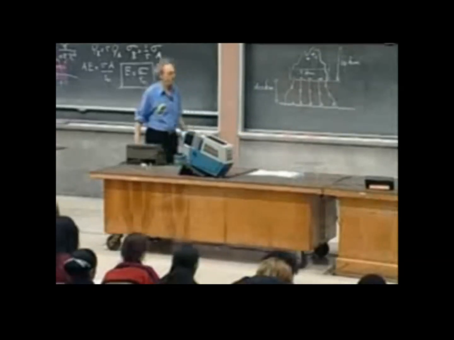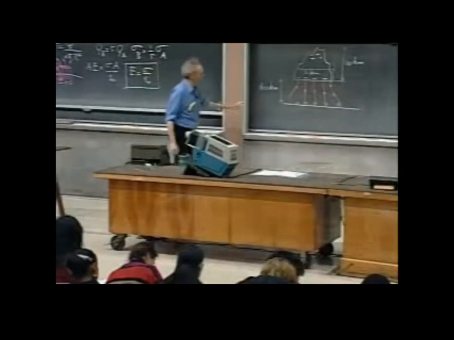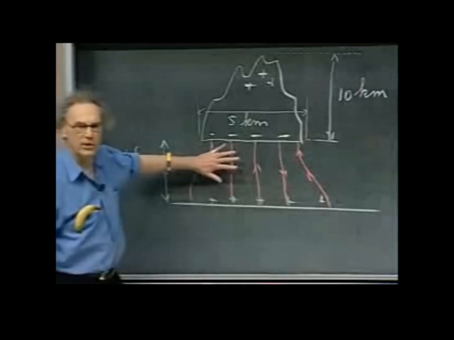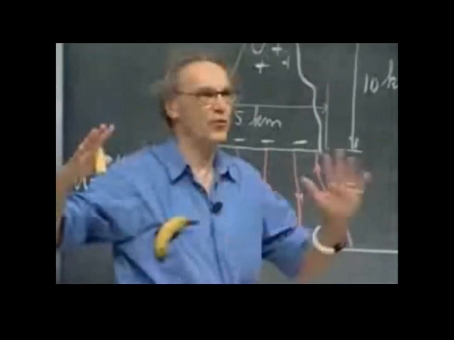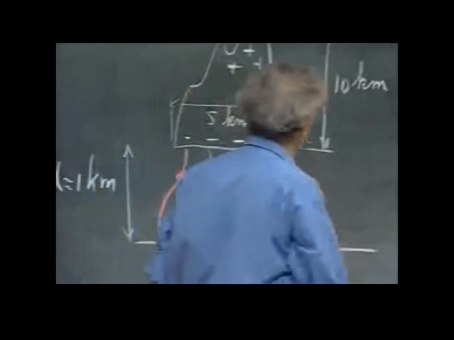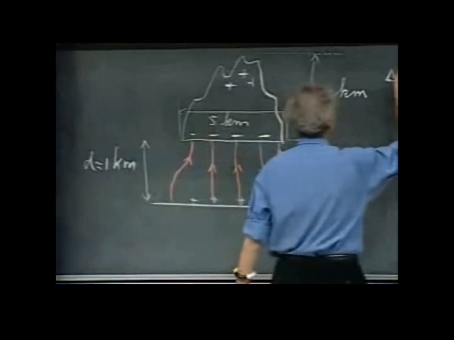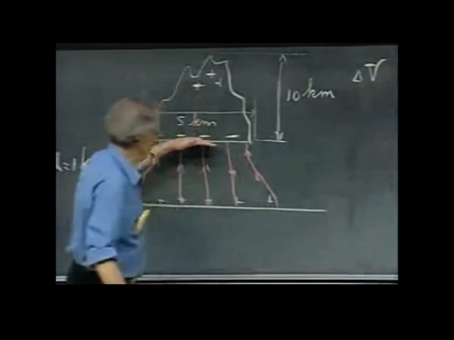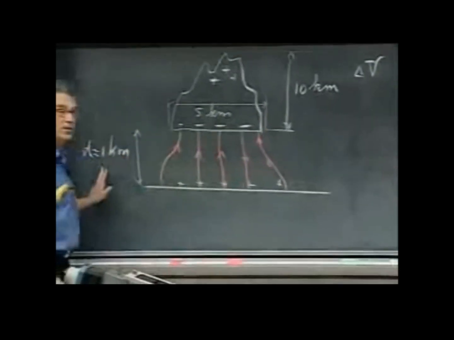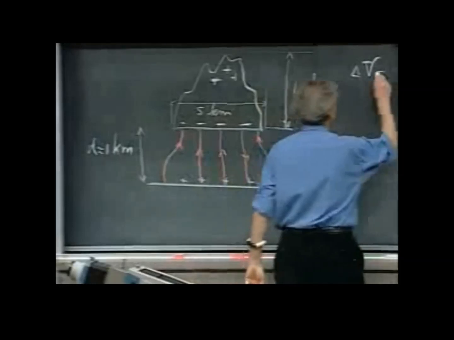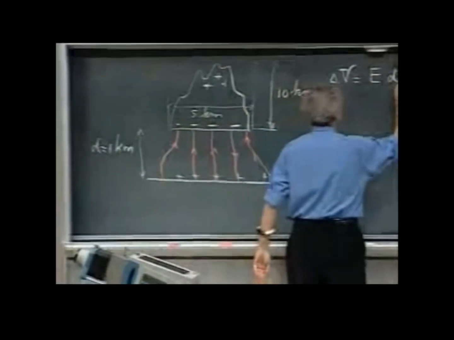If we make the simplifying assumption that the electric field is more or less constant here, like having two parallel plates where the electric field is constant between them, then the potential difference, delta V, between the bottom of the cloud and the Earth is simply the electric field times the distance d. So this becomes E times d.